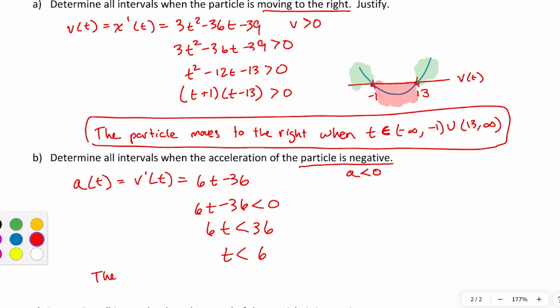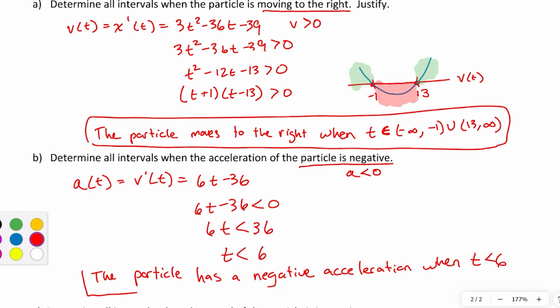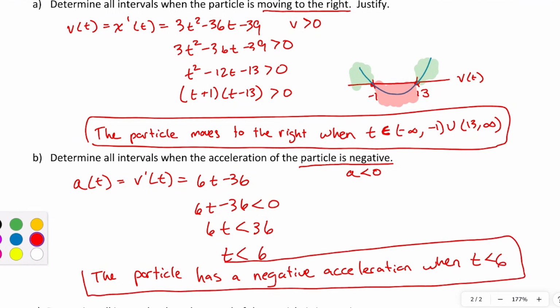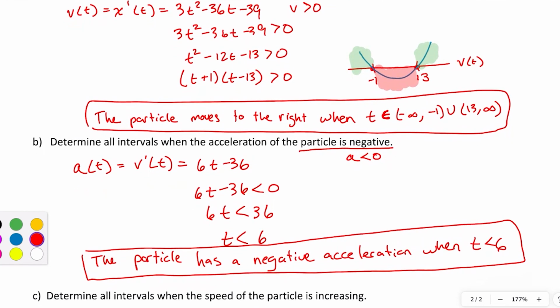Okay, so the particle has a negative acceleration when t is less than 6. Any questions about that one?